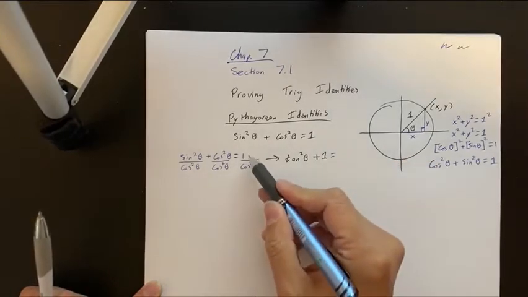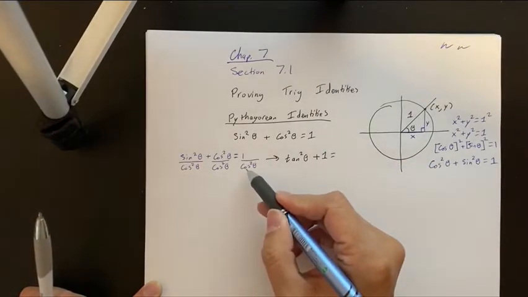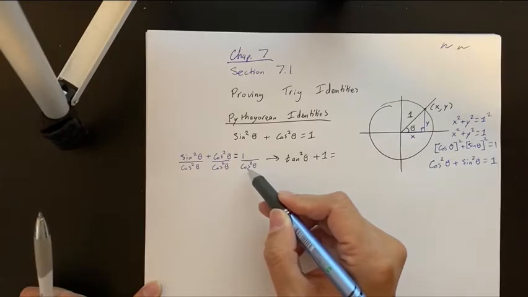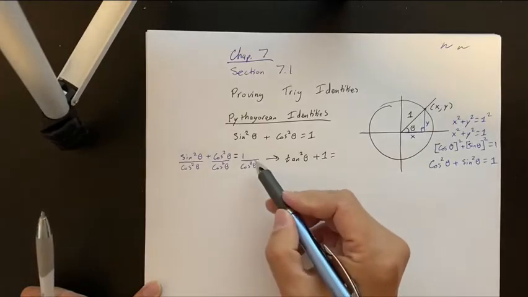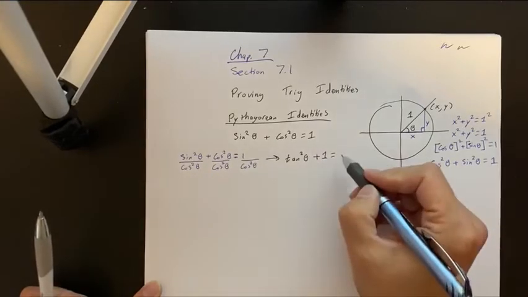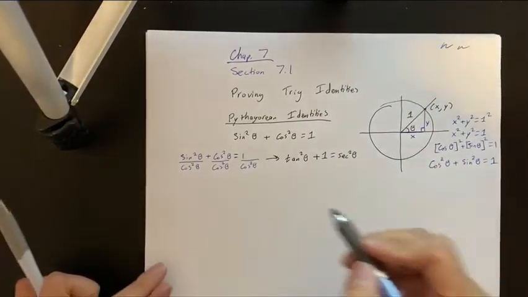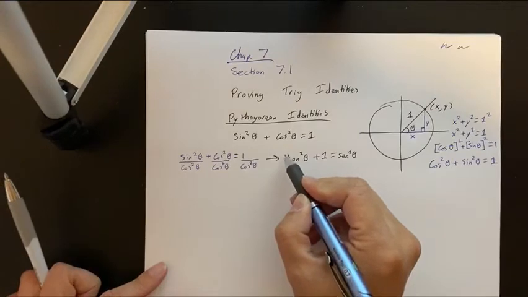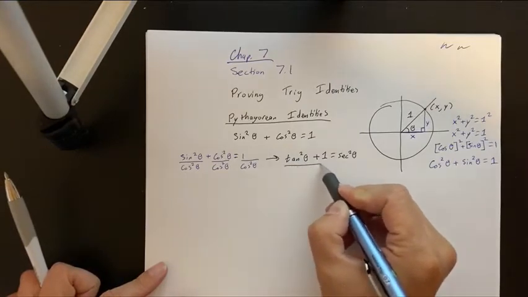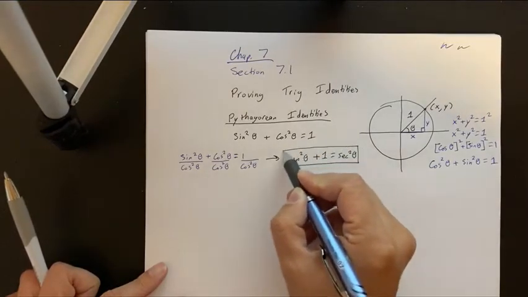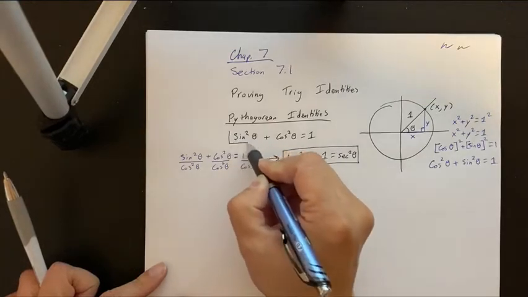And here, 1 over cosine, that's by definition secant. But it's cosine square, so this is going to be secant square. And that's going to be the second identity. This is the first.